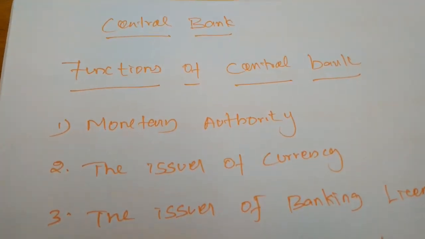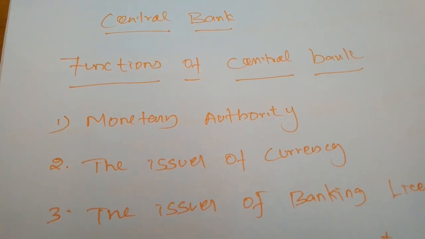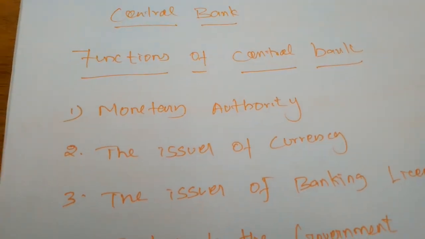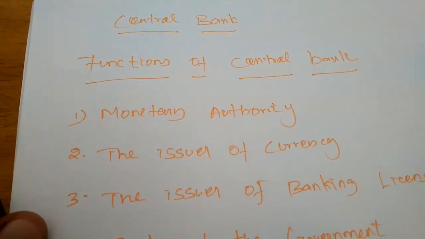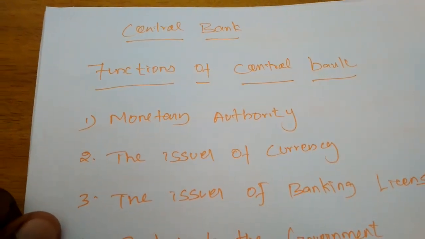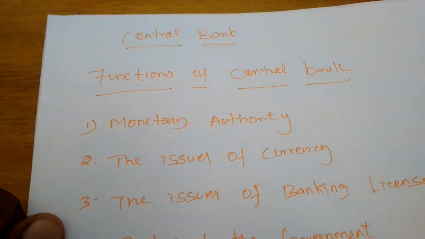Next is the central bank, or the reserve bank. Normally all nations must have a central bank. In our nation also there is a central bank, and our central bank's name is the Reserve Bank of India.